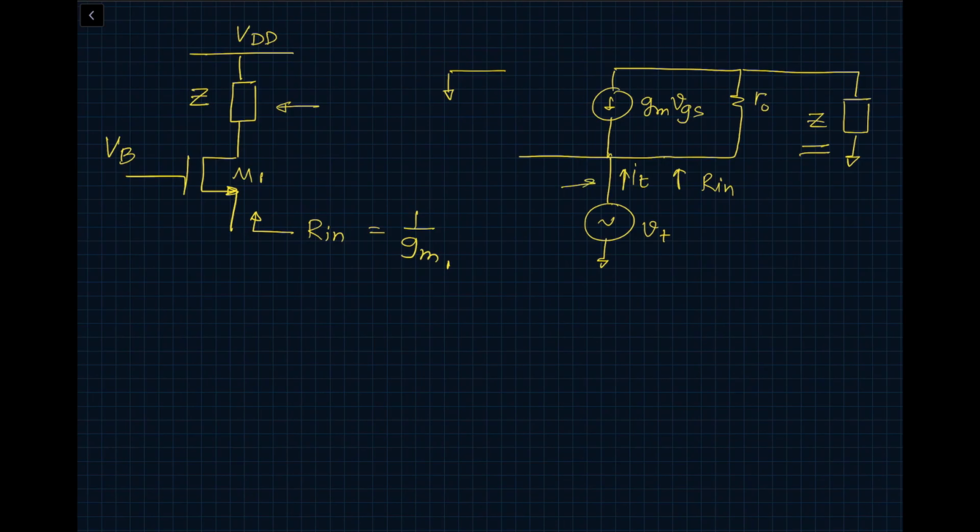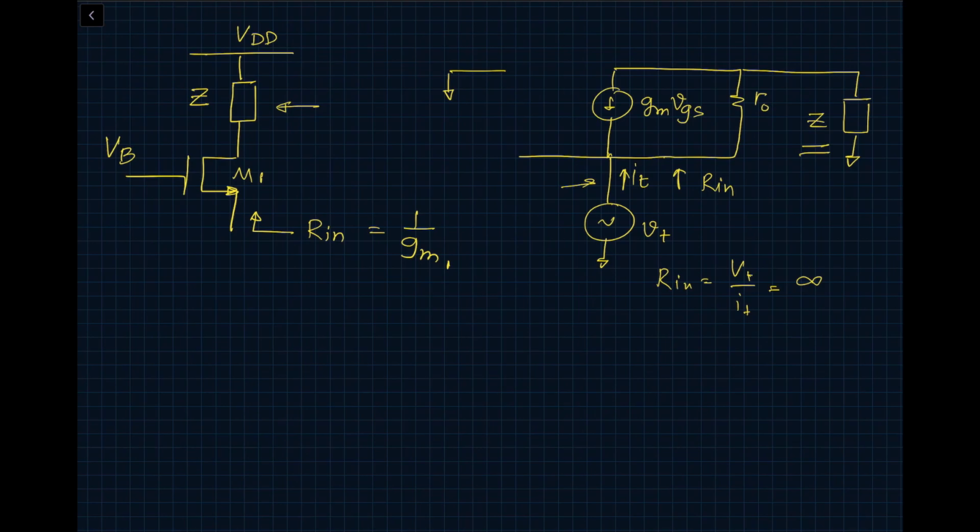And if It is equal to 0, then the expression for Rin, which is equal to Vt divided by It, is going to be infinite. So right there, this quick answer of Rin equal to 1 over Gm of transistor M1 when we are looking at the source is invalid.